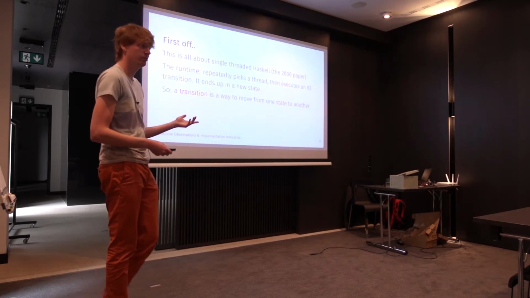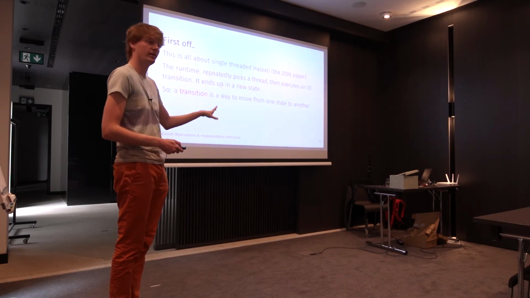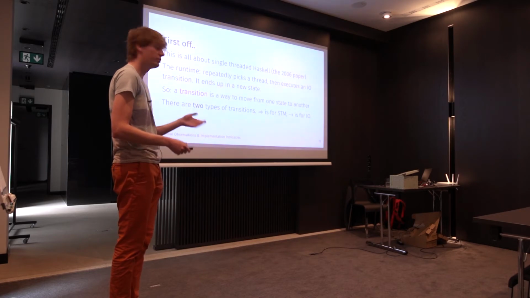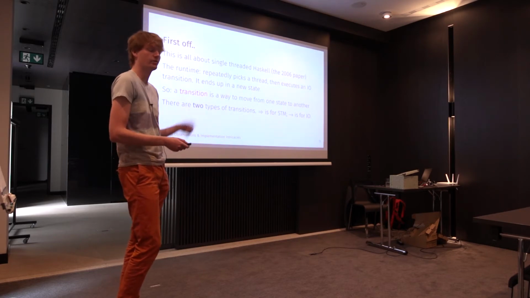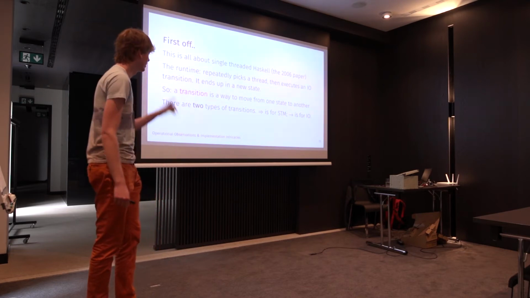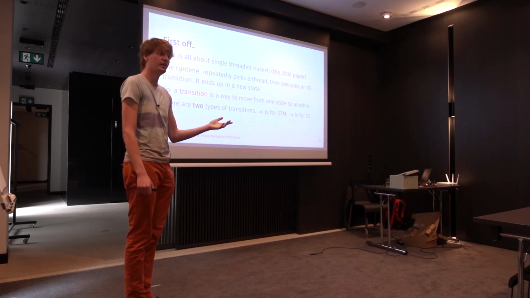So a transition is a way to move from one state to another state. There are two types of transitions in that diagram I just showed you, but that went pretty quickly. The important thing to know right now is there's two arrows, and an arrow means a transition.